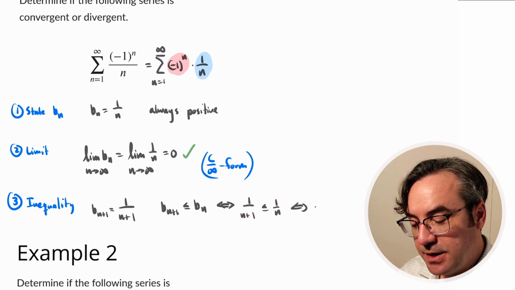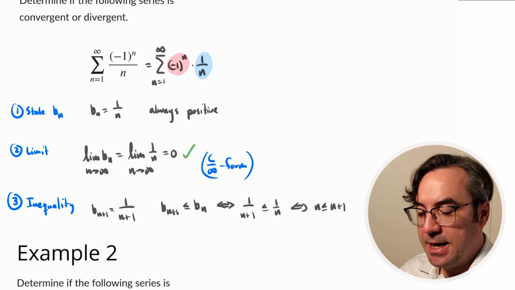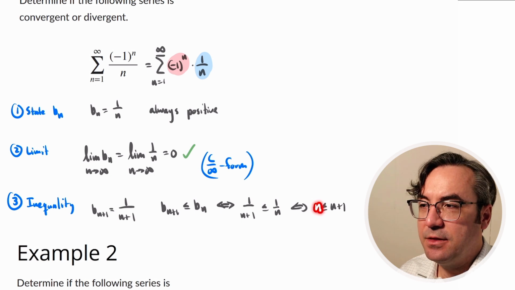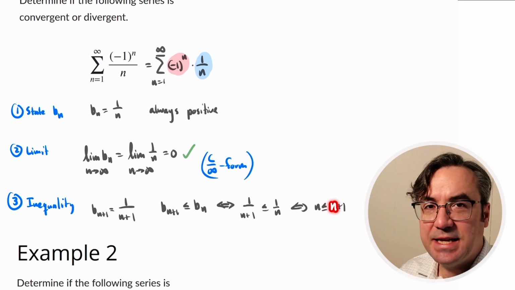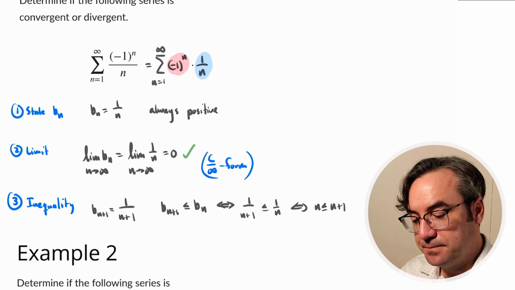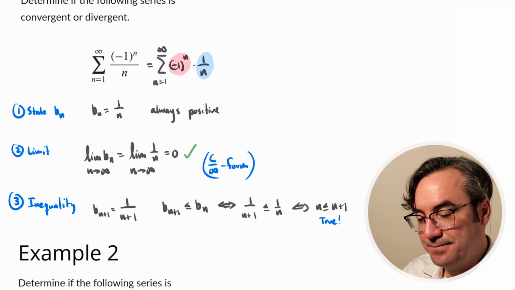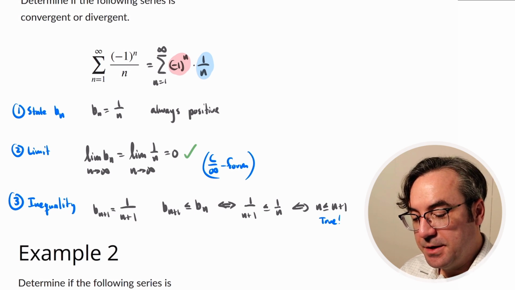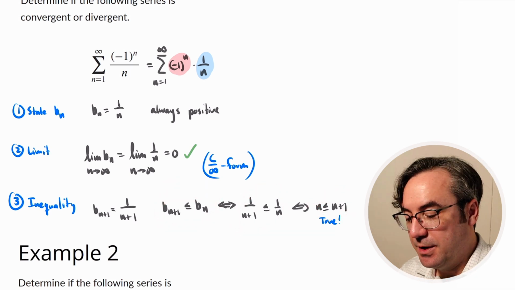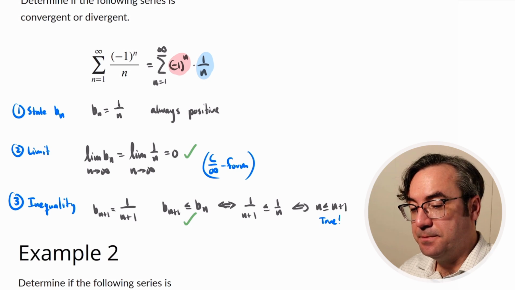That's going to give us the inequality n is less than or equal to n plus 1. And I would say that's obviously true, because we have some number on the left, and then we have that exact same number on the right, but then we're adding a little bit extra. So this is definitely true. Because this statement's true, it means that statement was true, which means what we wanted to prove was true. All right, so we're good.